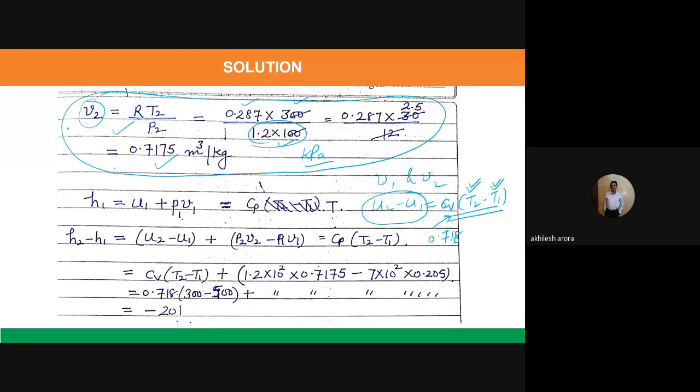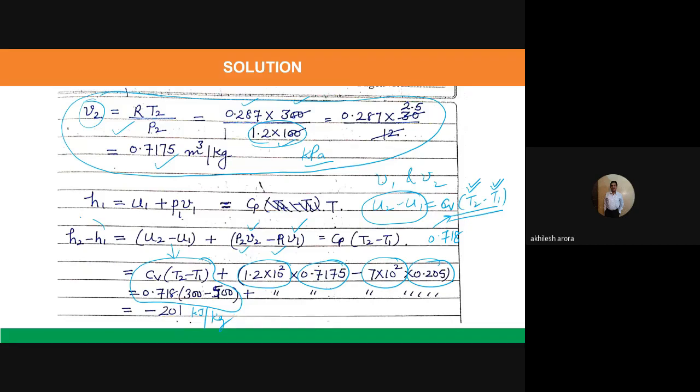This is the value of U2 minus U1, and I have calculated V2 and V1, and P2 and P1 are already known to me. I have put those values here, and after doing all the calculation, the answer comes out to be minus 201 for the value of H2 minus H1.